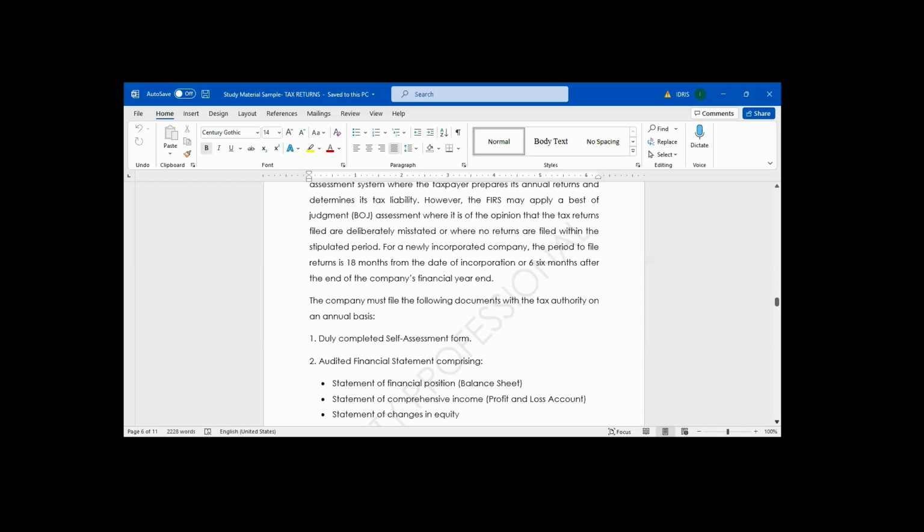Number two content of company income tax return: audited financial statements. Audited what? Financial statements, comprising: A, statement of financial position, which is the balance sheet. B, statement of comprehensive income, which is the profit and loss account. C, statement of changes in equity.